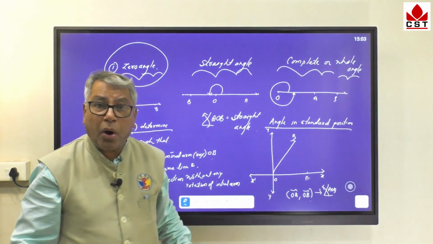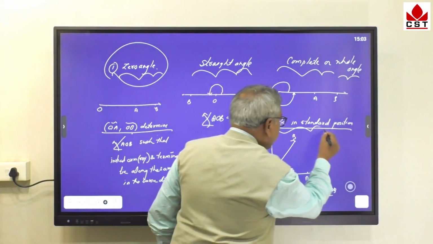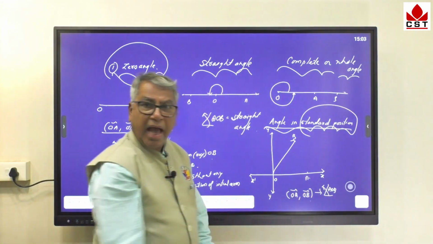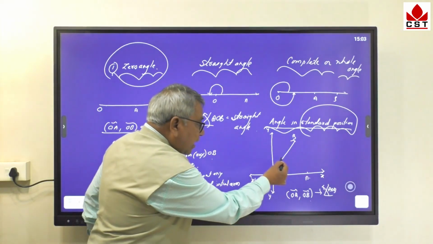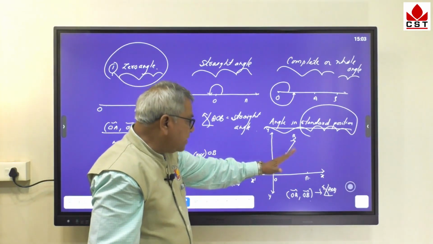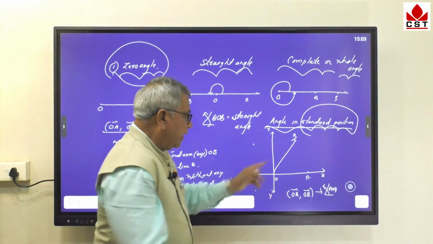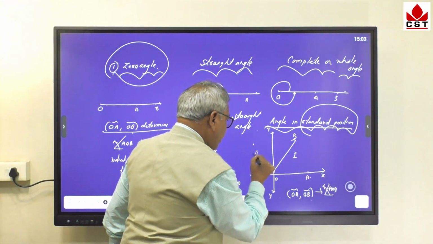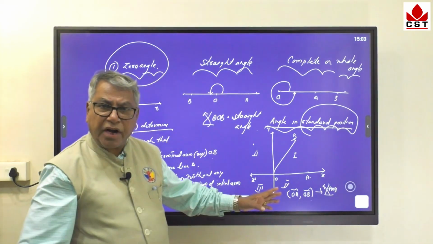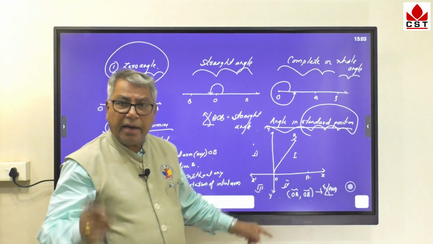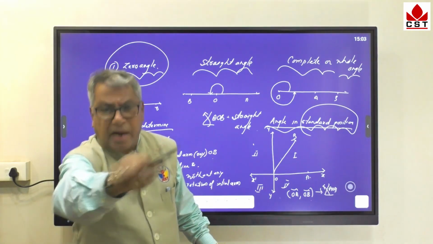The angle is called angle in standard position. If terminal arm lies in any quadrant, say this is quadrant 1, this is quadrant 2, this is quadrant 3, this is quadrant 4, for any quadrant, right? Then we say that angle is in quadrant.